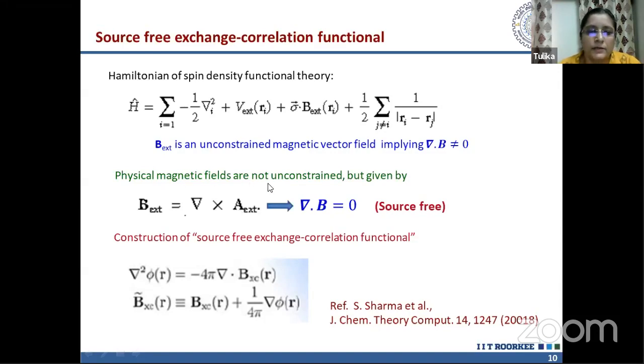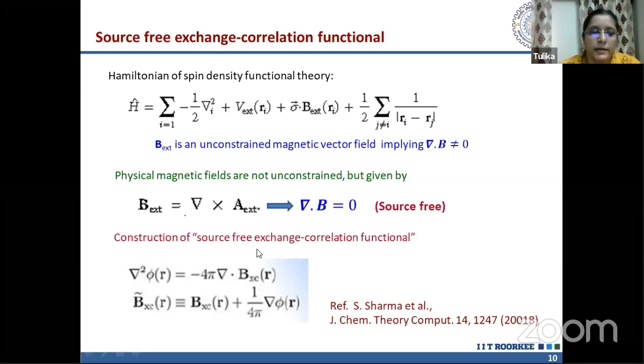But the physical magnetic fields are not unconstrained, and these are given by del cross A, which makes this magnetic field source free. But in this original Hamiltonian, this magnetic field is not source free. There is a source term or monopole term present.